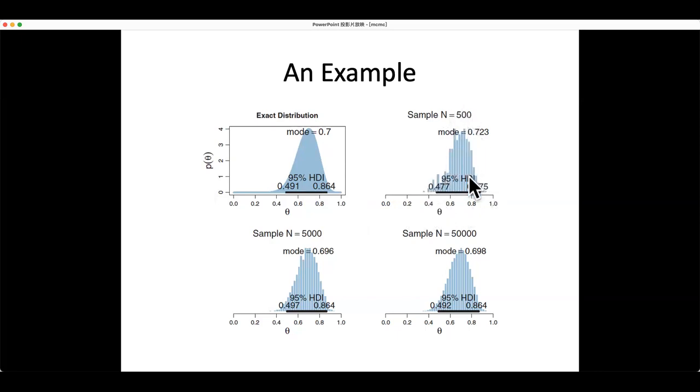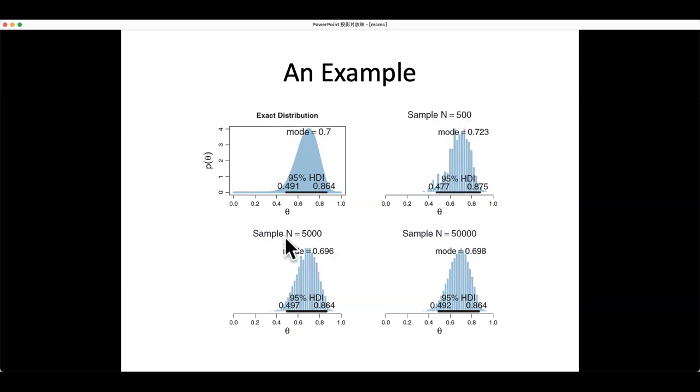It has edges all over the place, and you get the mode to be 0.723, compared to the 0.7 theoretical value. This approximation is obviously not good, because we only have 500 samples.